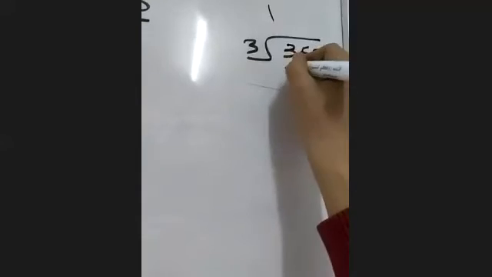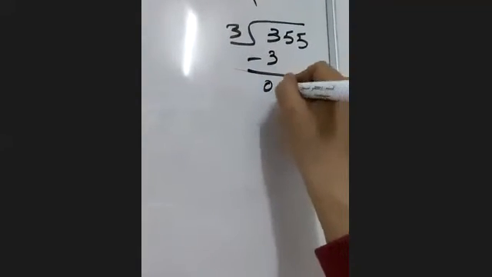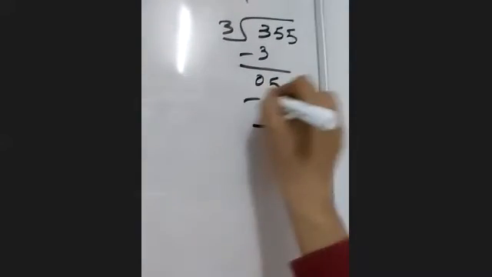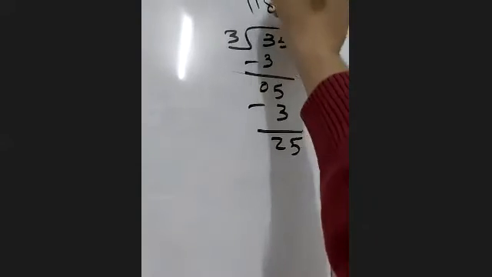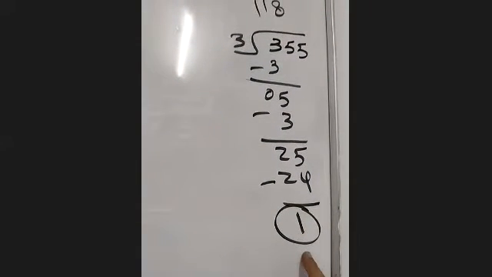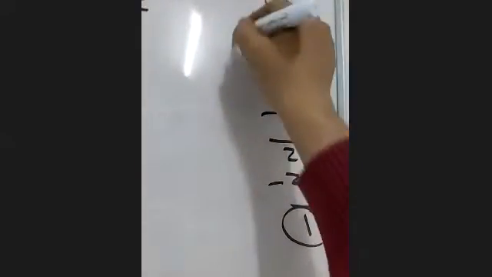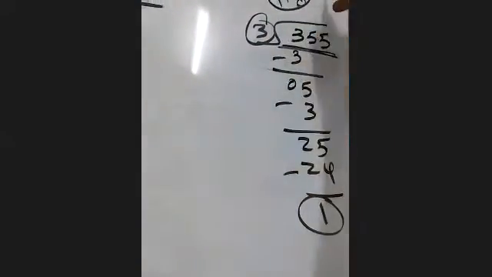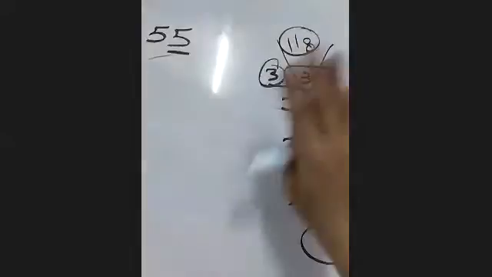Let's try 3. 355 divided by 3: 1, 3, subtract 0, 5, 1, 3, subtract 2, 5, 8, 24, remainder 1. The remainder 1 means it is not a divisor, so my choice of 3 is incorrect.